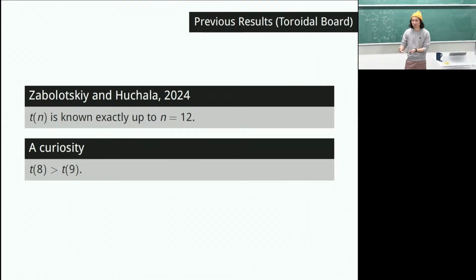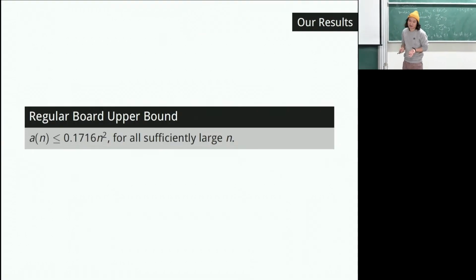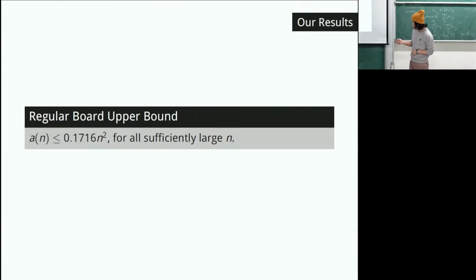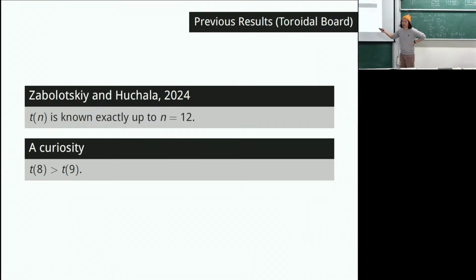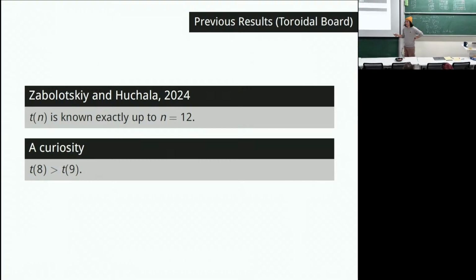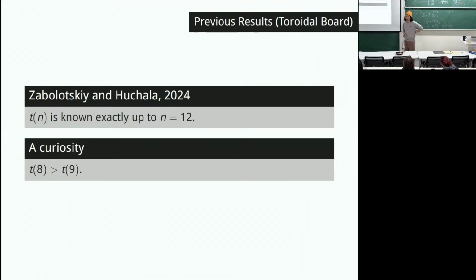On the regular board, this is true, so this sequence a_n is definitely monotonic. It shouldn't go down. But on the torus, this is not true. And it turns out that on the even board, this T8, you can pack more queens than on the 9x9 board.